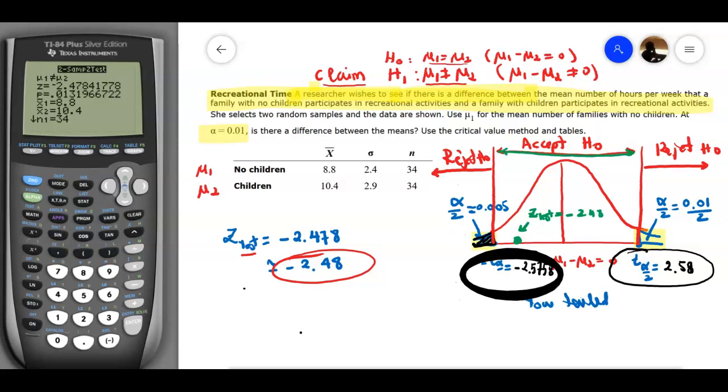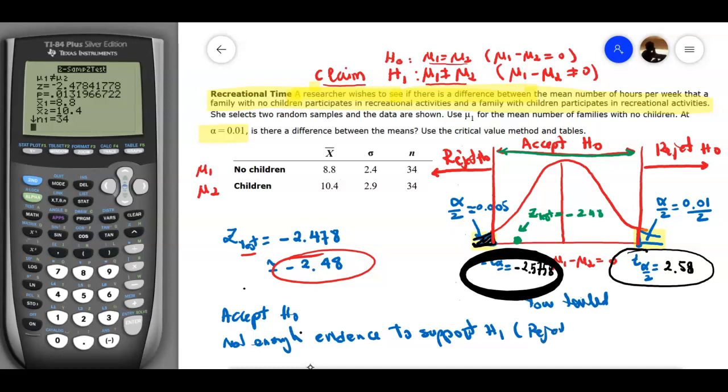So the conclusion here is going to be accept H0. Now, what is the meaning of accepting H0? It means we do not have enough evidence to reject it, or not enough evidence to support H1. Supporting H1 is rejecting H0. It's the same thing.